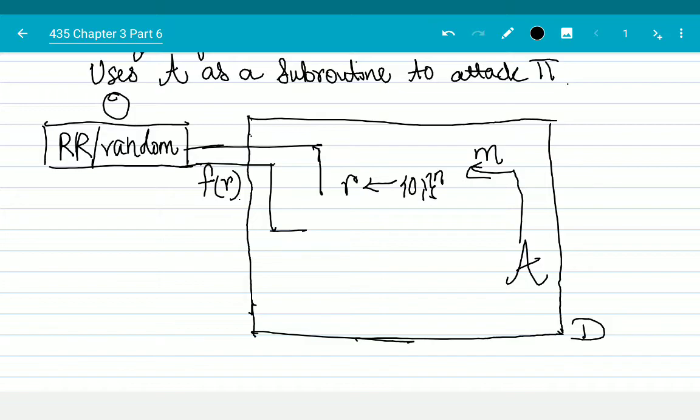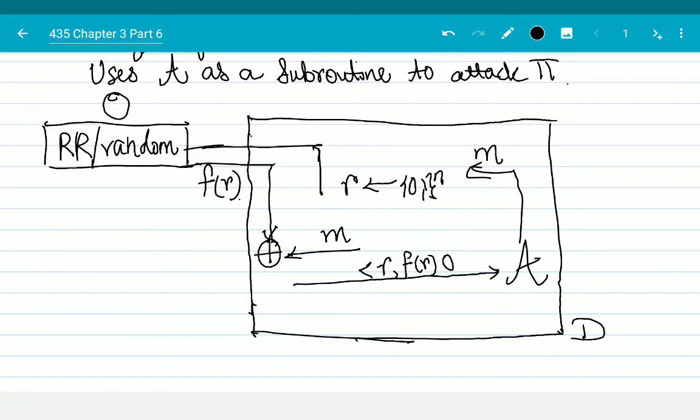If it's only pseudo-random, then it is going to be f_k of r for some key k which is chosen before. Now what do we do with this f_r? Well, as per my encryption system, it is going to XOR M with this, and then give the output as r, comma, f_r XOR M to my A.